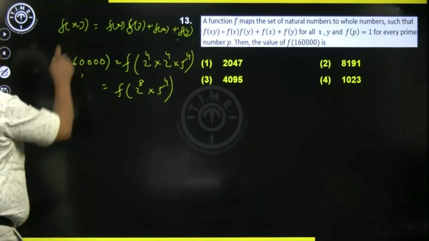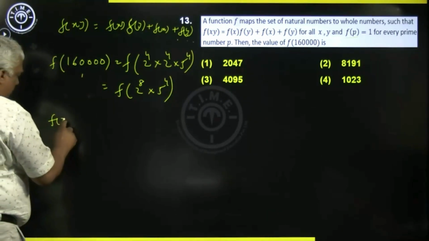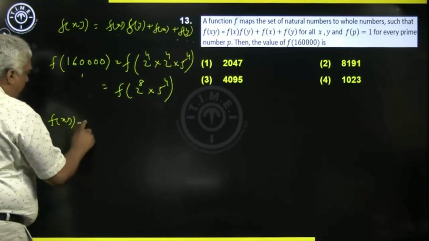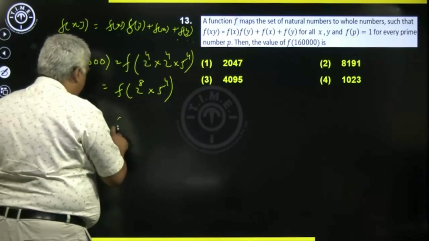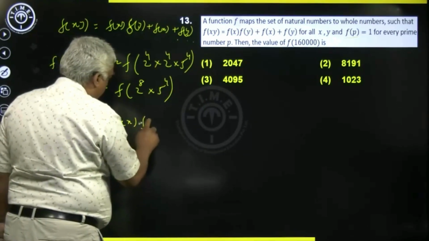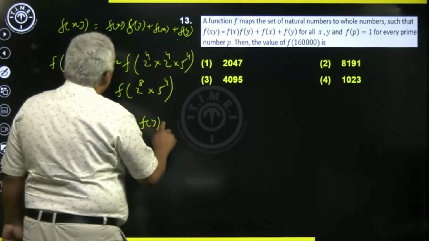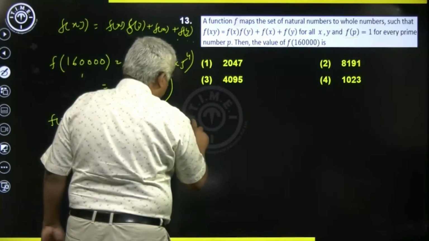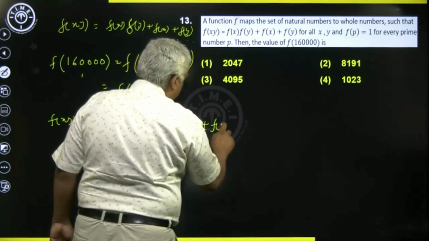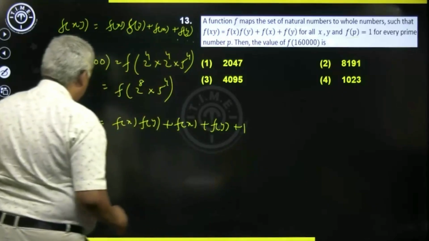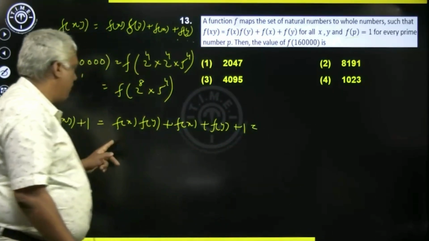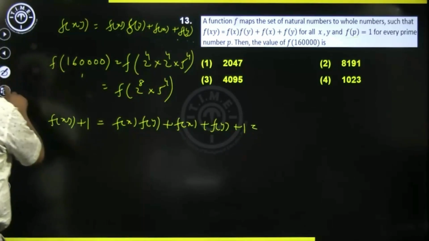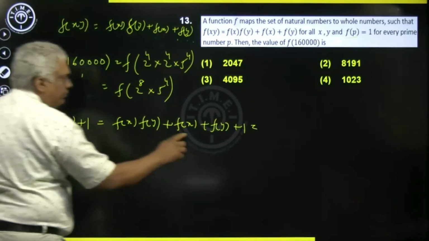Now, what I can do is, for f(xy), if I add plus 1 on both sides, I get f(x)f(y) plus f(x) plus f(y) plus 1.